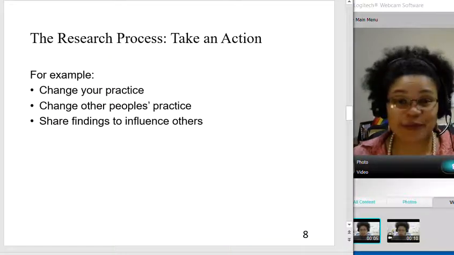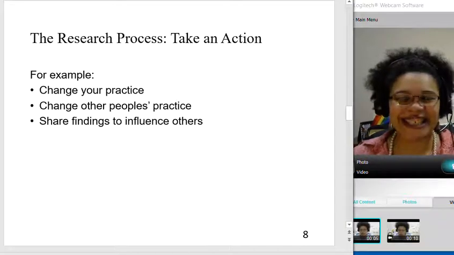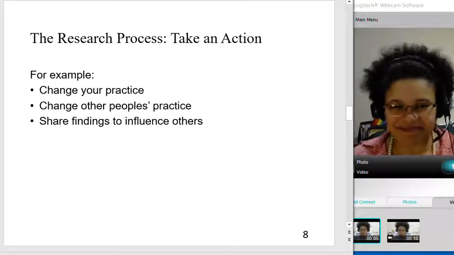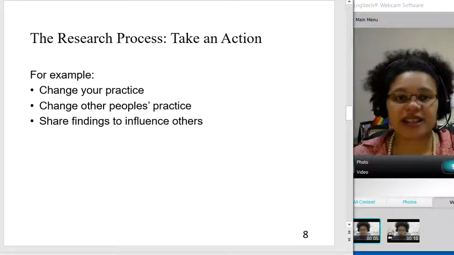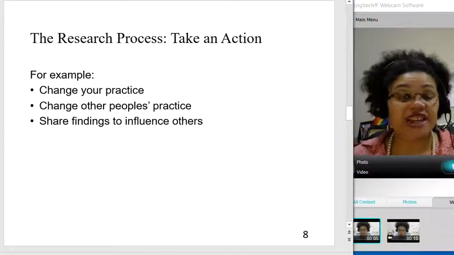Let me talk a little bit more about the take an action step, since it's not talked about in chapter 1. For example, some actions that educator researchers have taken as a result of their research project. They may change their own practice.